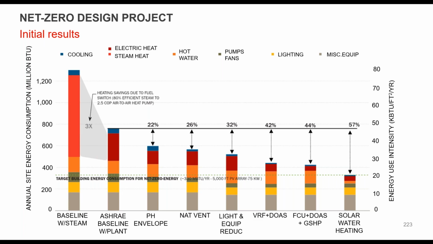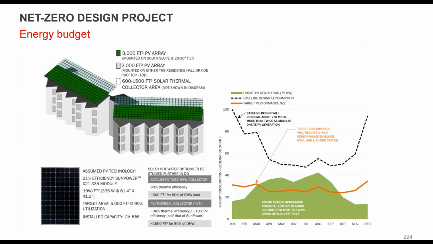The target was about enough to be offset by a 5,000 square foot PV array, about 75 kilowatts. So here's the budget. They had trouble getting it on the roof. There just wasn't enough space to get the array mounted on that particular roof. So that becomes part of the difficulty here.